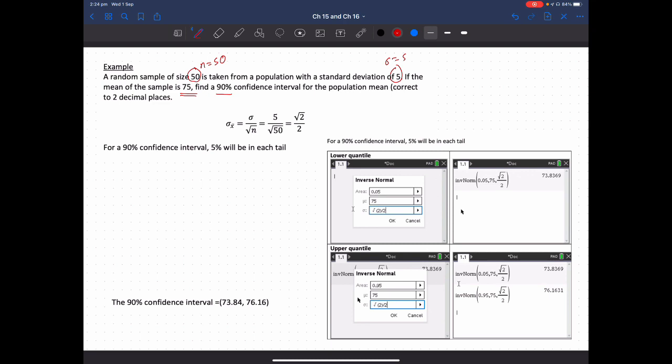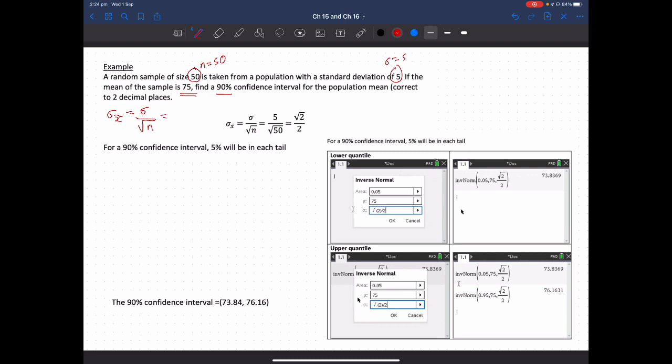We know the standard deviation of the sample mean, so we've got the standard deviation of x bar is equal to the standard deviation of the population over the square root of the size of the sample.